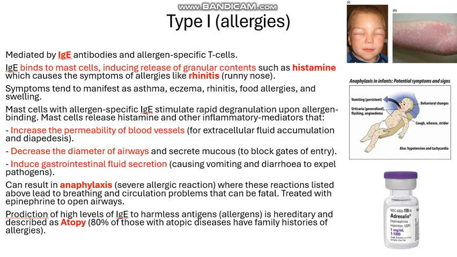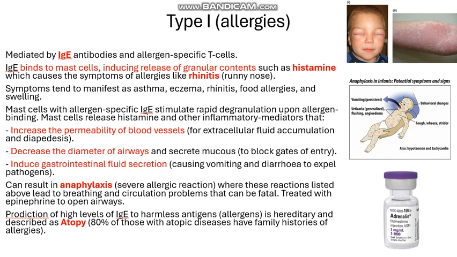So when we come into contact with these allergens, they bind to the immunoglobulin E molecules on these mast cells, inducing rhinitis and causing the mast cells to release, causing degranulation. So these mast cells are releasing molecules like histamine, which cause a lot of the symptoms of an allergy, which is why if you are susceptible to allergies, you take antihistamines.